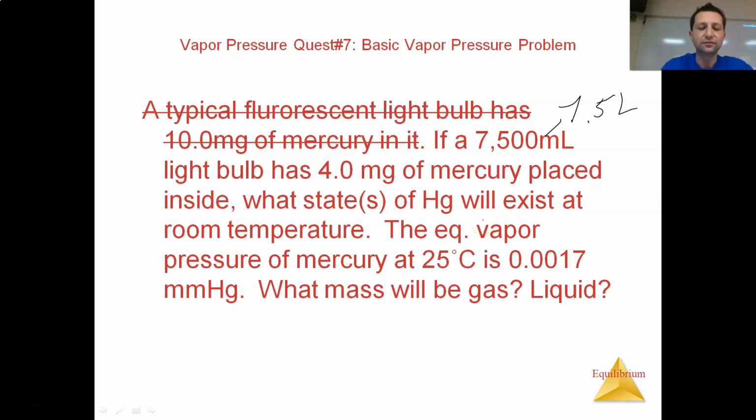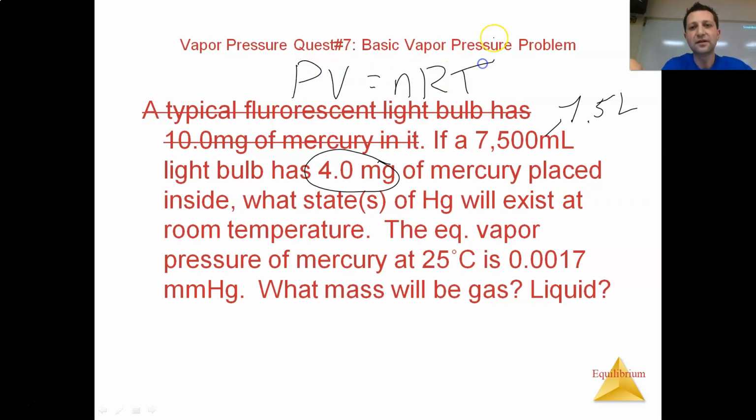A couple things we can do. You can take the 4 milligrams of mercury and use PV equals nRT. If you haven't picked up on that, we're using this like a billion times right now.